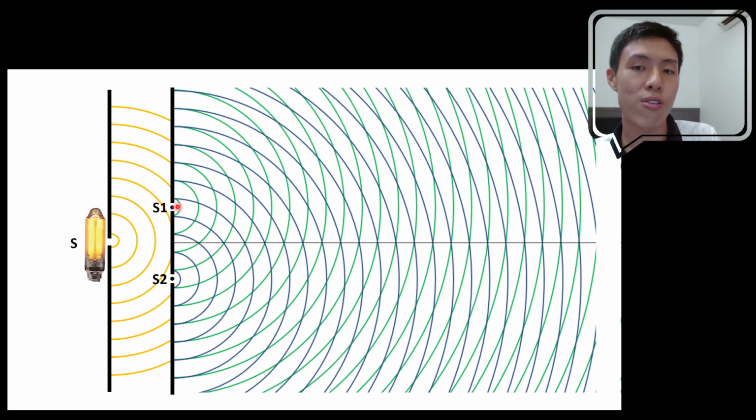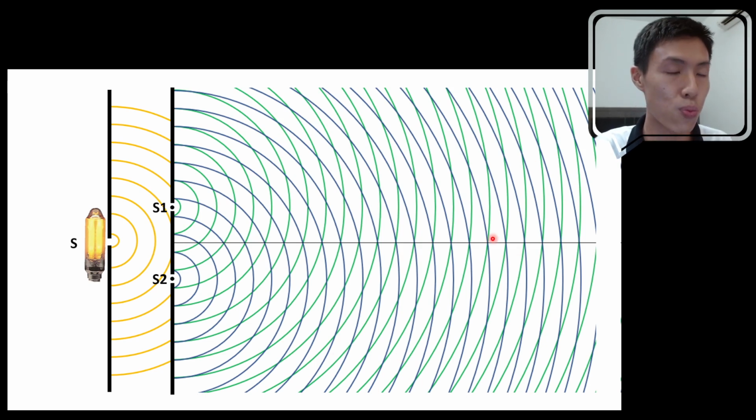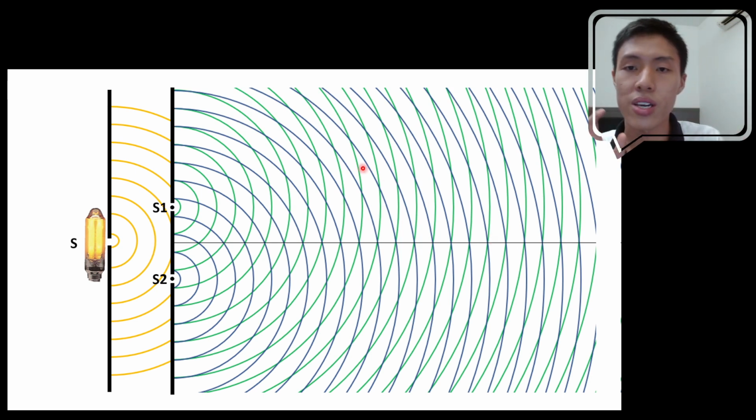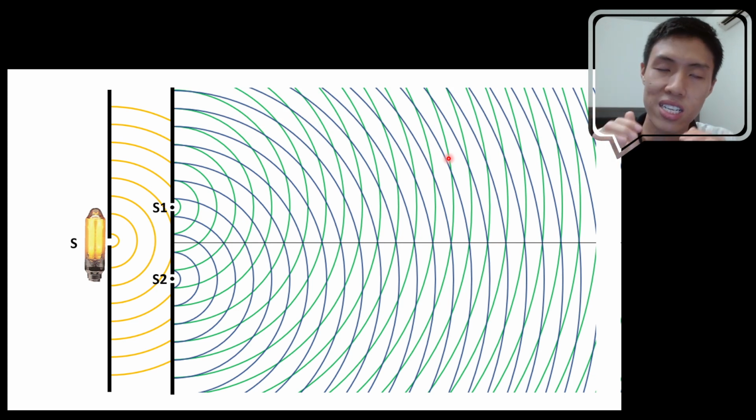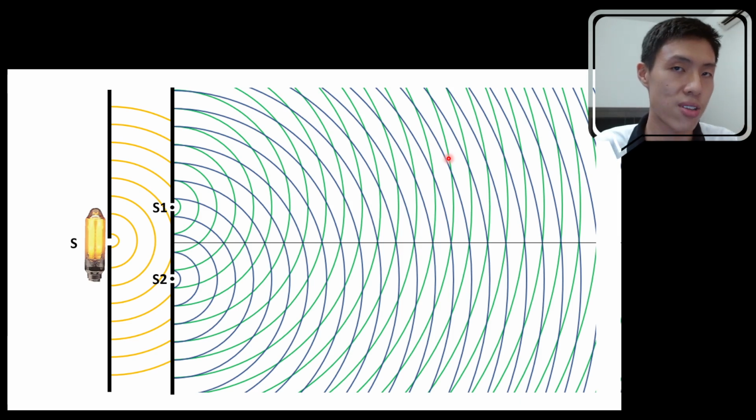But because now we have two spherical light waves or two circular light waves overlapping in the same region here, the phenomenon of interference will occur. We can find certain points where it will always be crest meets crest, trough meets trough. Those points will have constructive interference.